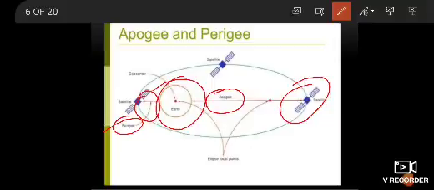In a circular orbit, the apogee and perigee are equal. Why? Because in an elliptical orbit we have a difference between the apogee and perigee, but in a circular orbit, the apogee and perigee are both equal. So that is the difference between the apogee and perigee.